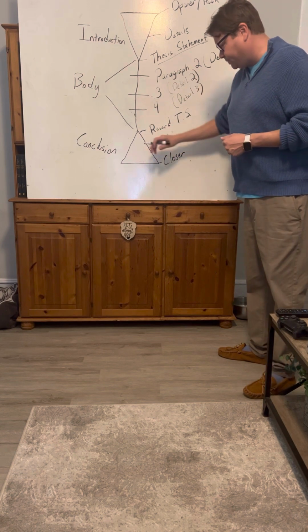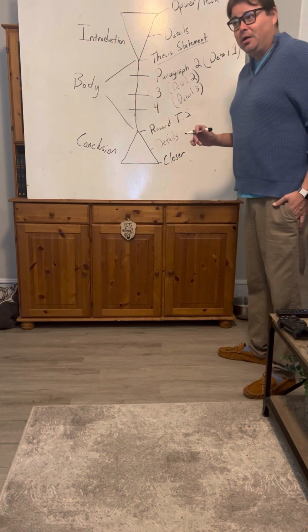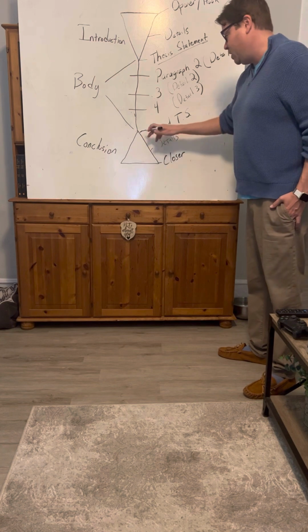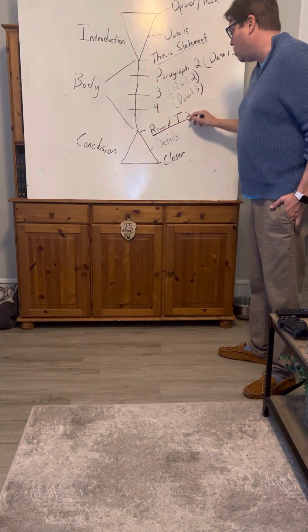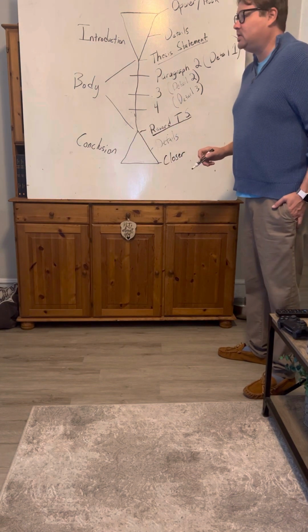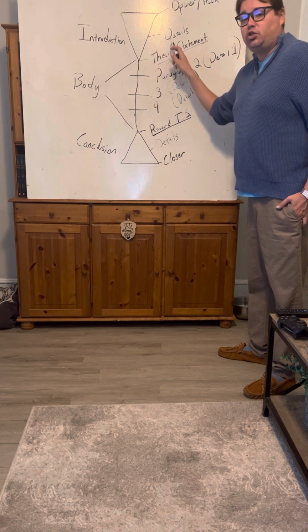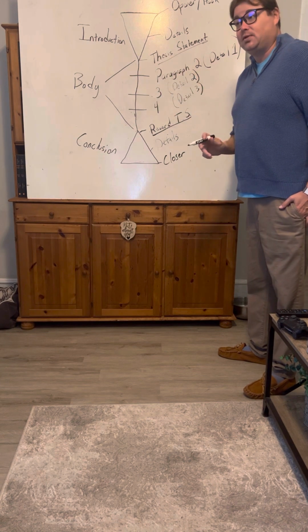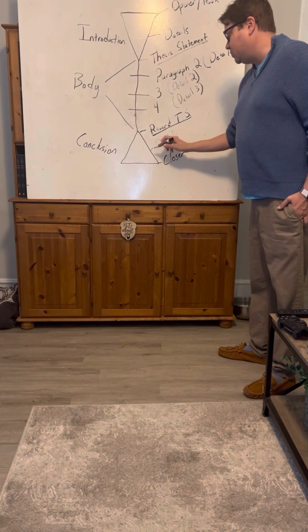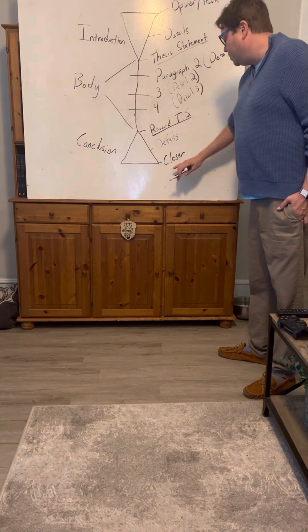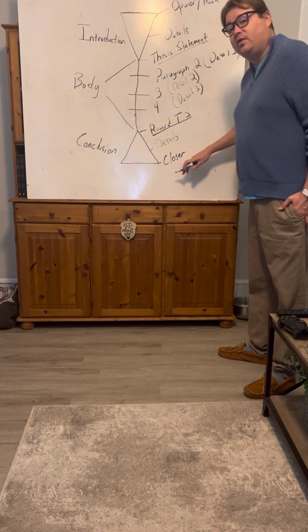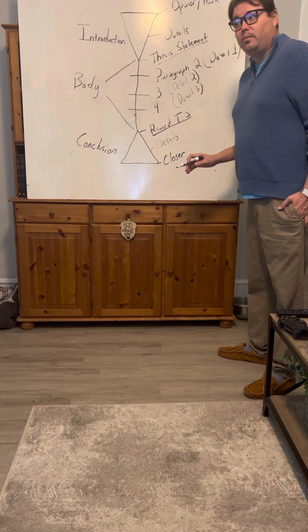And then finally, in our conclusion, our pyramid shape, we're going to reword our thesis statement. We're going to take what we already wrote and change up the language, but not the message. Then we're going to give some more details before finally leaving them with a more global message.